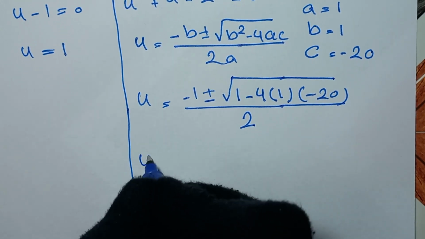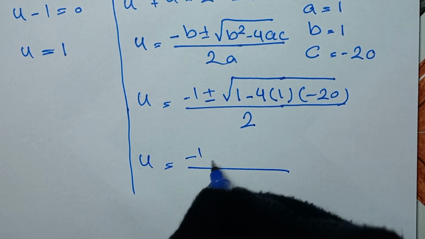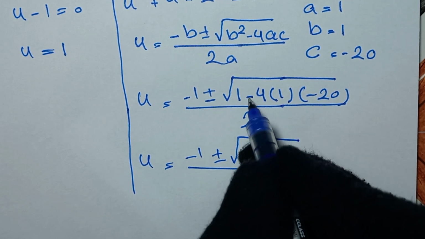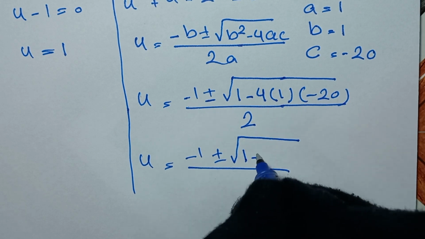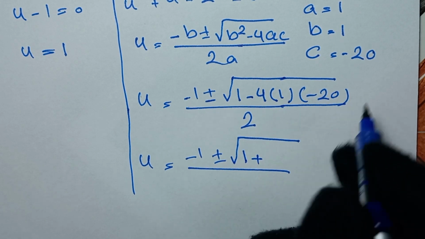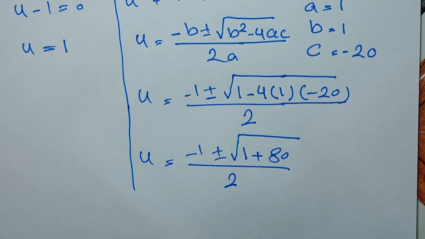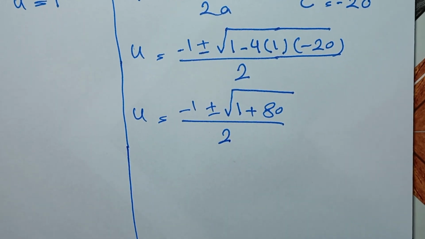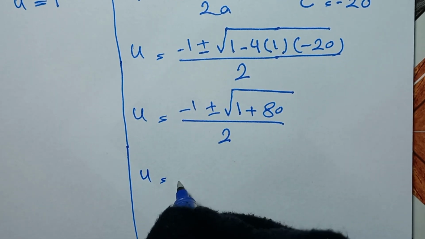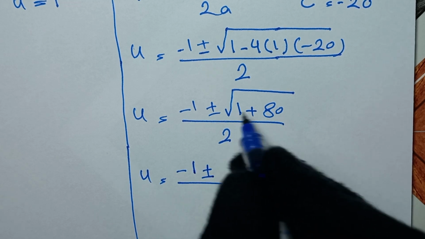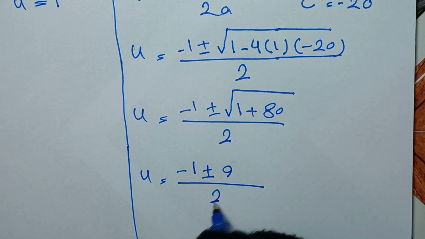And it will be u is equal to negative 1 plus or minus the square root of 1, negative times negative will be positive, and 4 times 1 times 20 will be 80, over 2. And it will be u is equal to negative 1 plus or minus the square root of 81, which is 9, over 2.